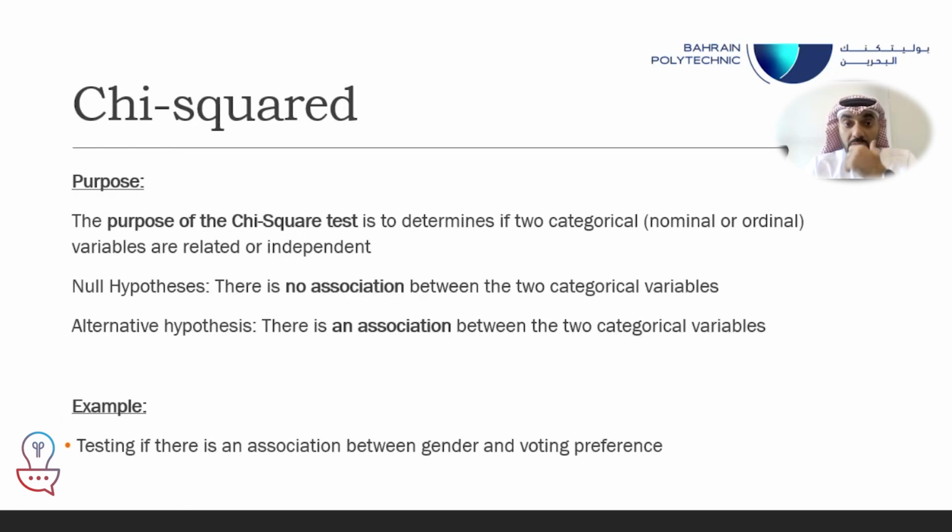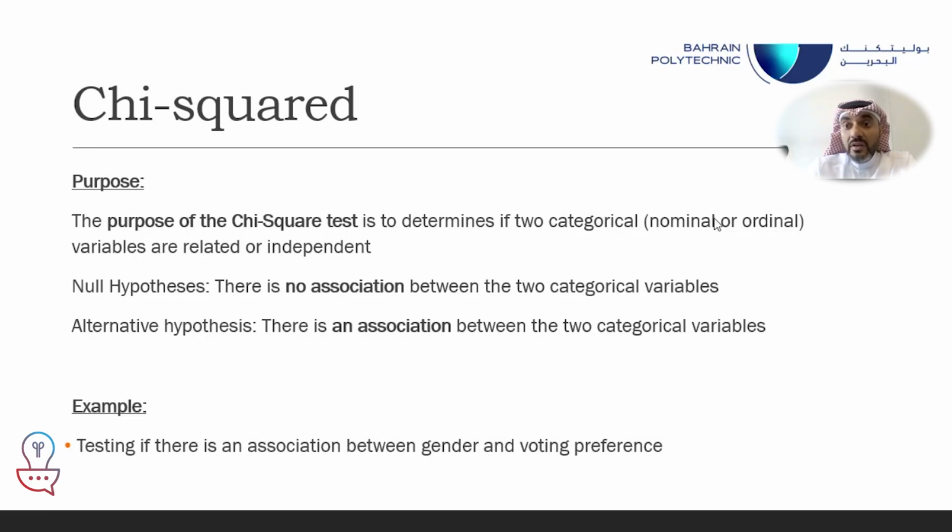Then moving to the correlation tests, I'm going to discuss 2 tests here. The first test is called the chi-square test. The purpose of using the chi-square test is to see if there is a relationship between 2 categorical variables. I want to put 2 lines under categorical because this is the key difference between this test and the test coming later.